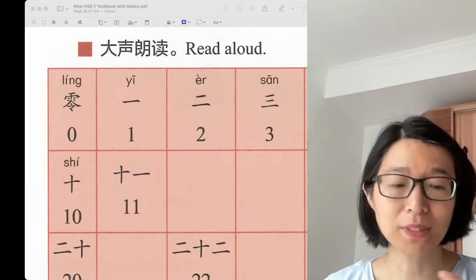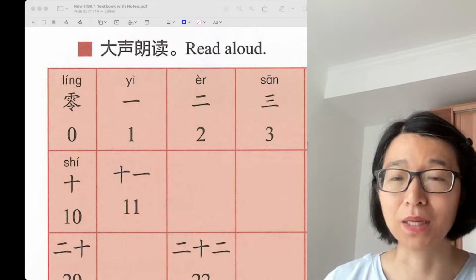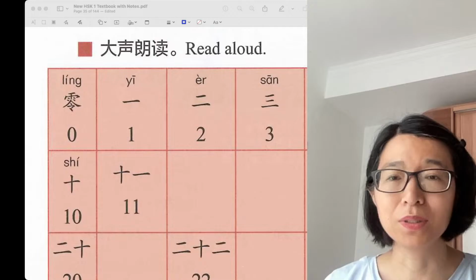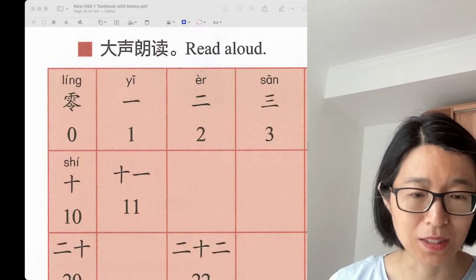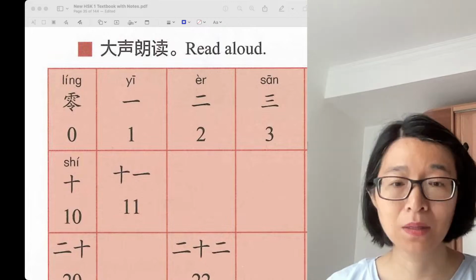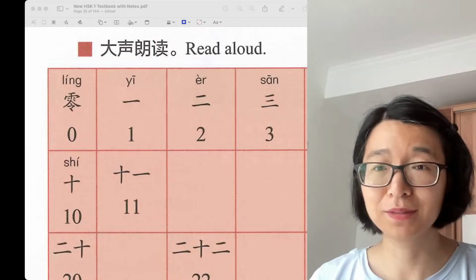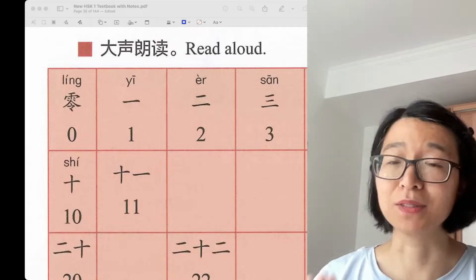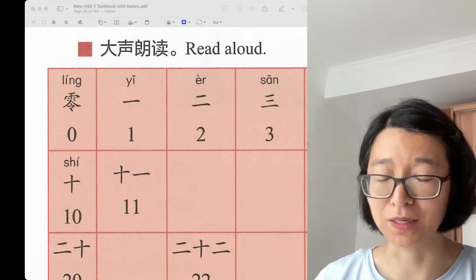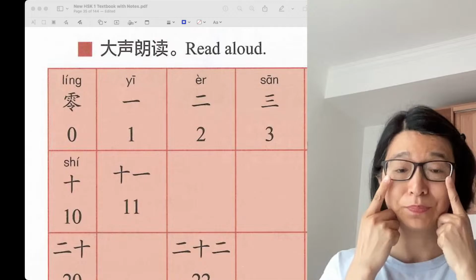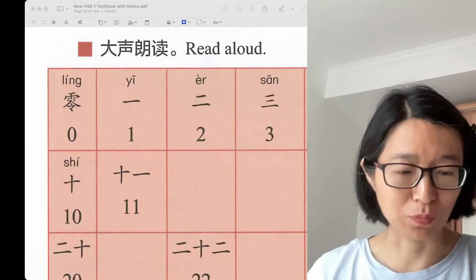But English eleven has nothing to do with 10 and 1, right? So when you say Chinese, your brain is working because you're doing a little bit of math at the same time. So it's like you're training your brain power. You're getting smarter and smarter.